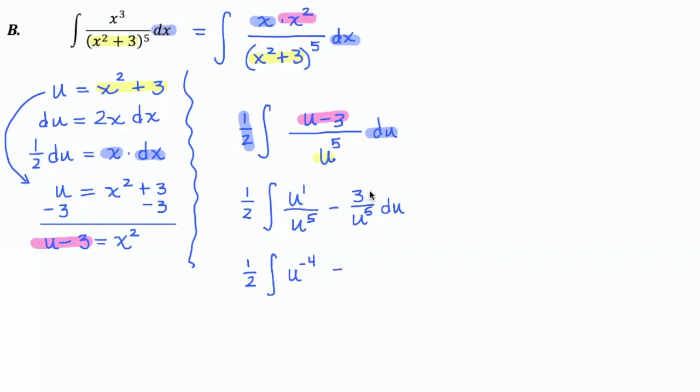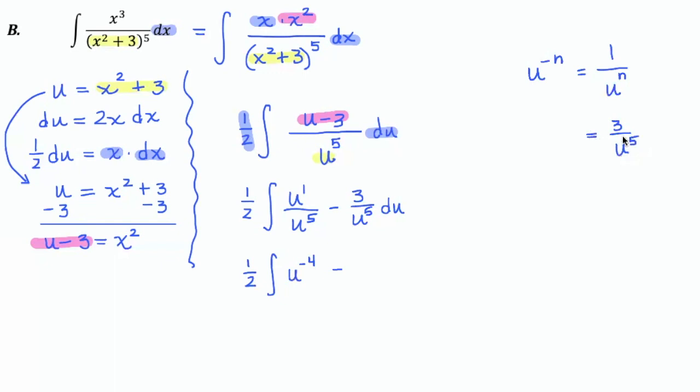Here, I have a 3 over u to the 5th. Well, the way the exponent rule works, in case you don't remember, if you have a u to a negative exponent, that's the same as 1 over that same u to a positive exponent. So what I'm looking at in the case of 3 over u to the fifth is kind of going in reverse.